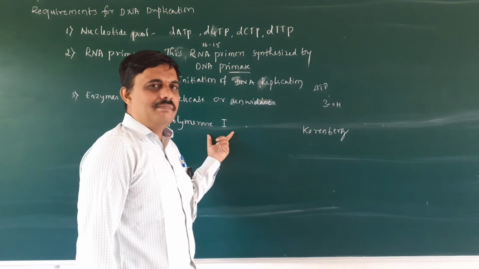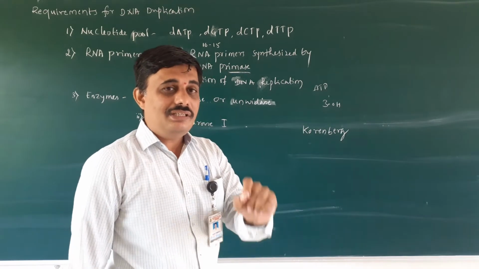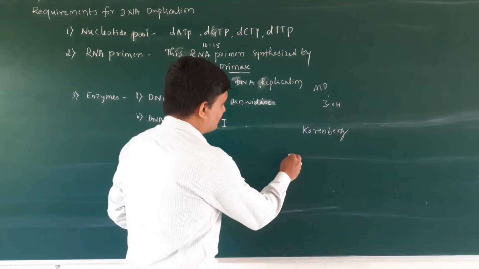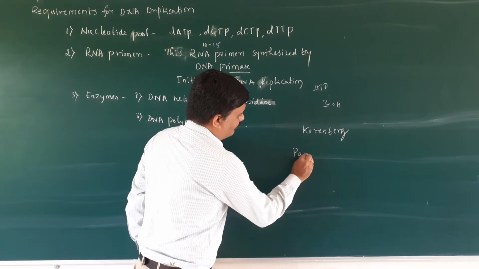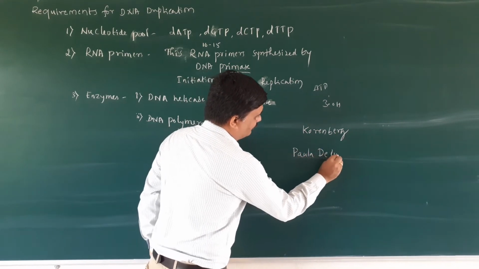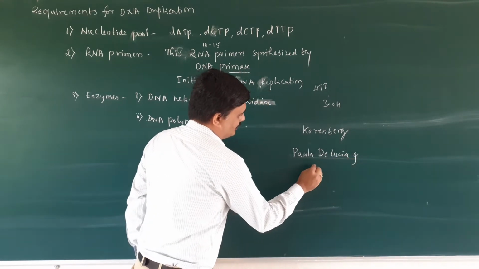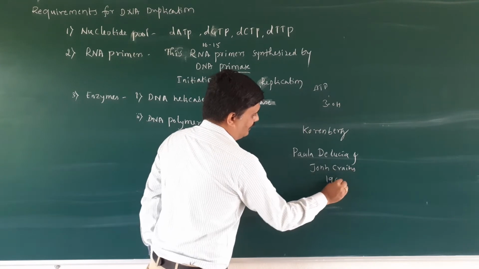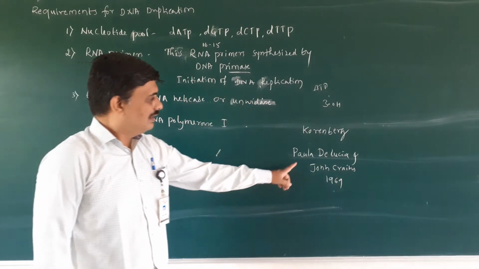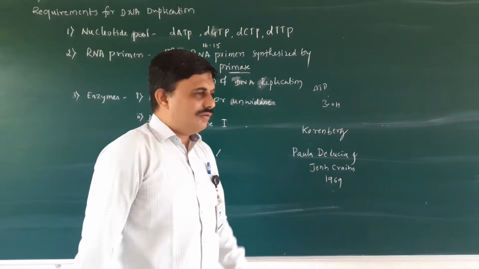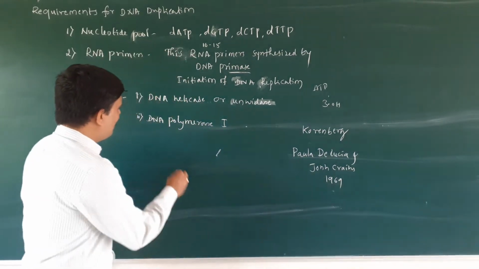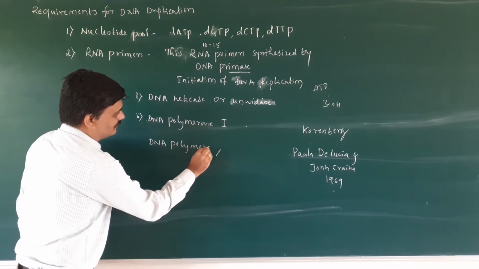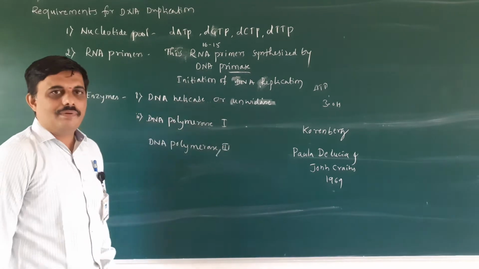This enzyme, DNA polymerase 1, is not actually involved in the polymerization in E. coli. Later on, Paula De Lucia and John Cairns, in the year 1969, discovered the enzyme called DNA polymerase 3.